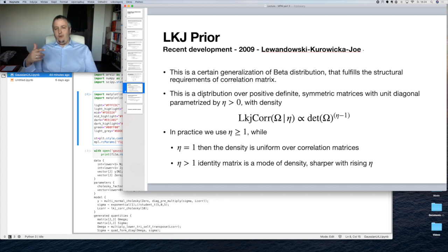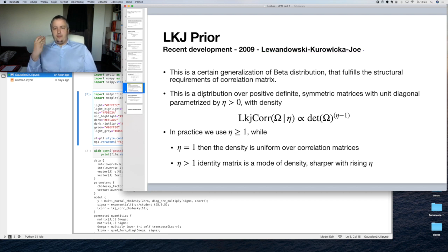If eta rises, so it becomes greater than 1, then our prior looks more like a multidimensional distribution. However, its mode, the maximum value, is at the unit matrix.